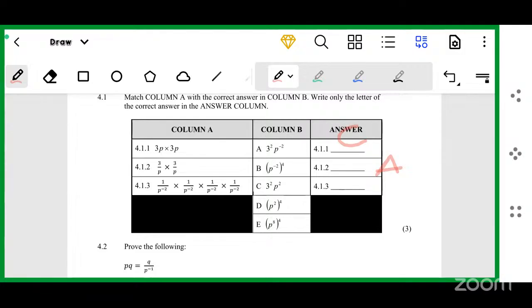And for 3, what you're thinking is correct. I think maybe it's P bracket -2 to the power of 4. D. B. Yeah. Okay.